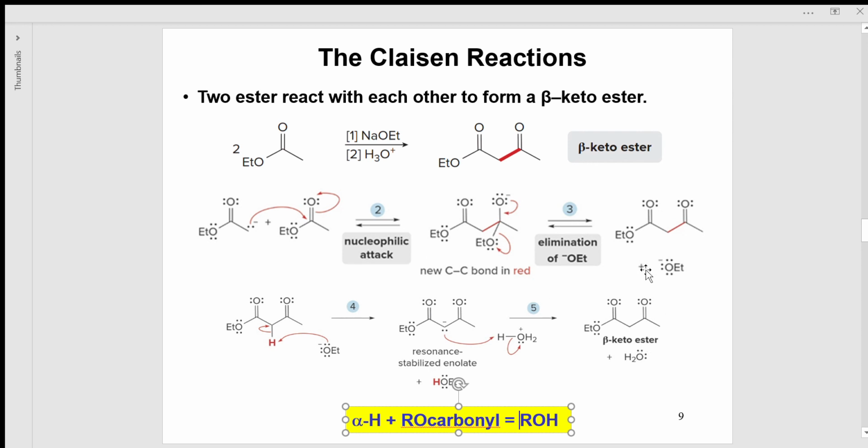But again, if you want to quickly know the answer for the Claisen reaction, basically 2 ester molecules react with each other to form a condensation product with the elimination of a small alcohol molecule. One provides hydrogen, another one provides alkoxy.